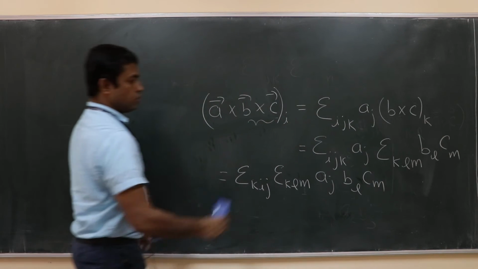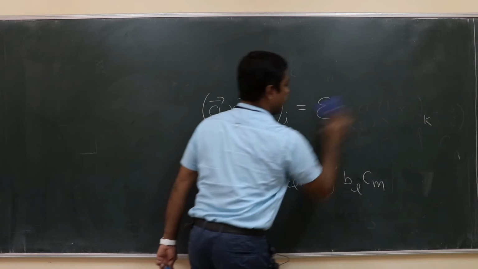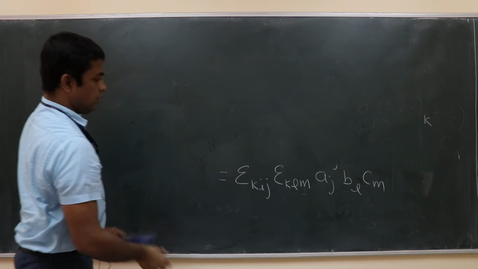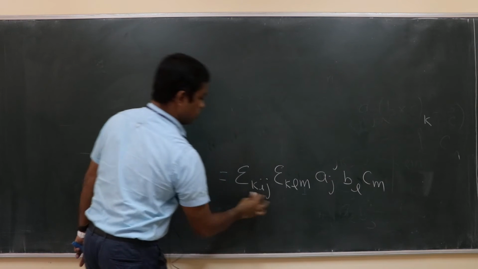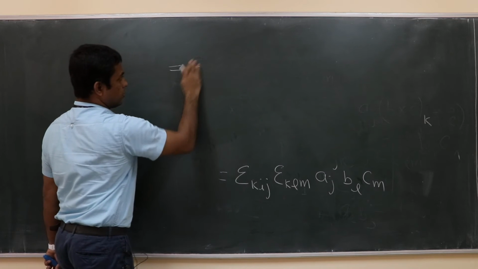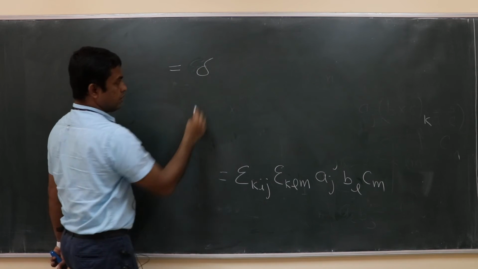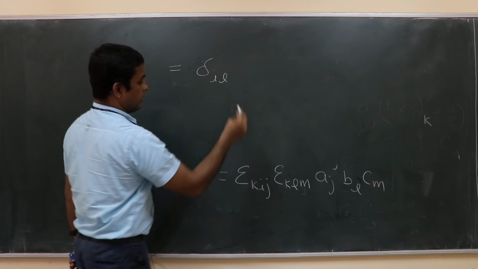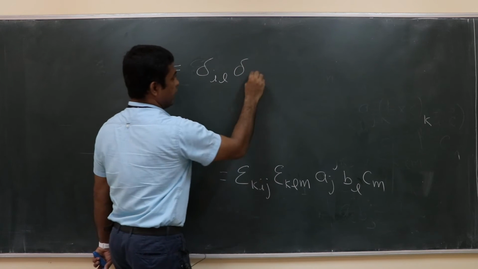Fine. So now let us write down the expression using the identity we stated earlier. This will be equal to delta IL delta JM minus delta IM delta JL, times Aj Bl Cm.